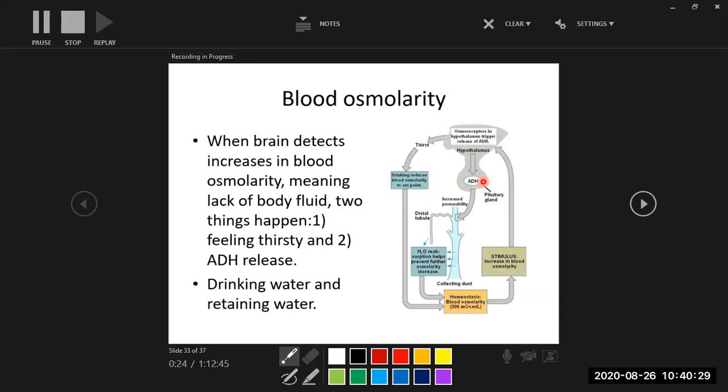It means that if our blood becomes thick, like the osmolarity increases, right? Say you are walking in the desert and you sweat a lot, and so your blood loses a lot of fluid, so your blood becomes thick. Blood has high osmolarity. And then we have the sensor to detect it, because we need to maintain a very stable osmolarity in the blood.